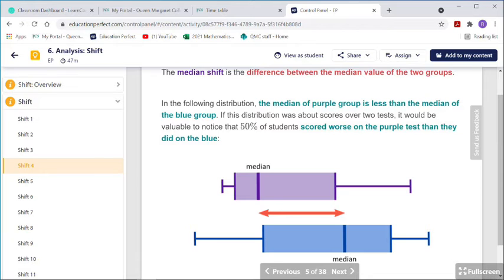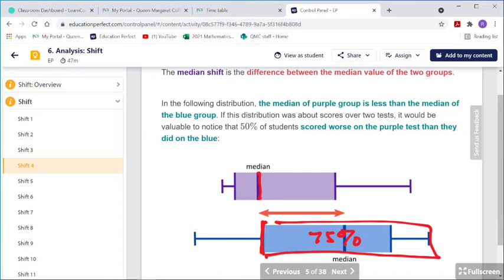75%. So we can say then, from just looking at it, that 75% of the blue data is bigger than 50% of the purple data.